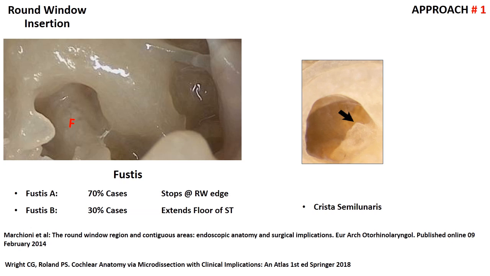But now we have two cristae, one at the edge of the round window, which is the crista fenestra, and one inside the scala tympani, which will be called the crista semilunaris, which is not present in all cases, and it's different in size, and usually we can overlook it.